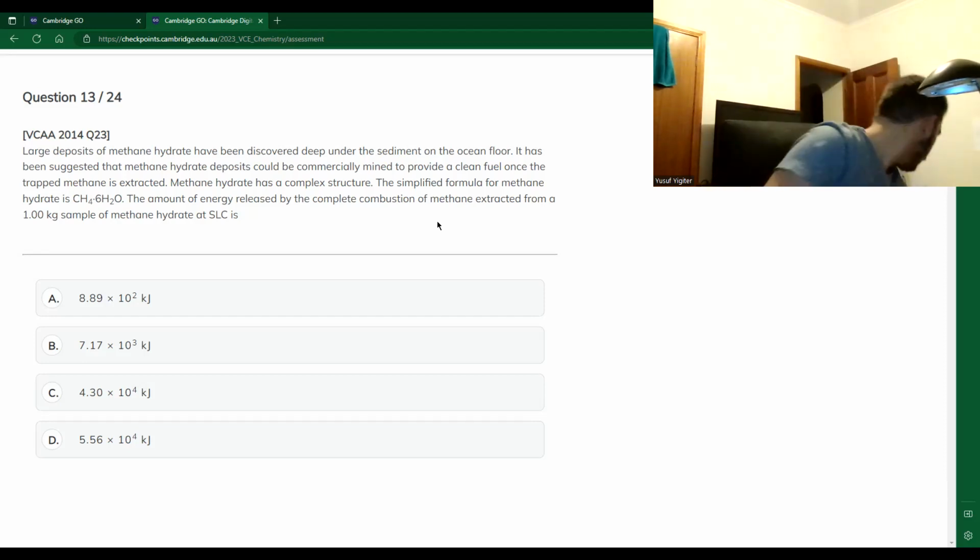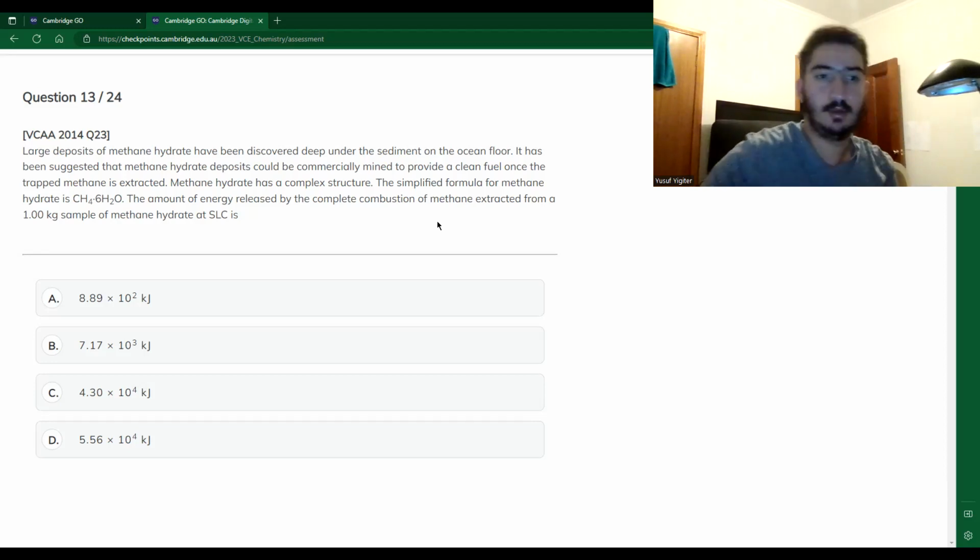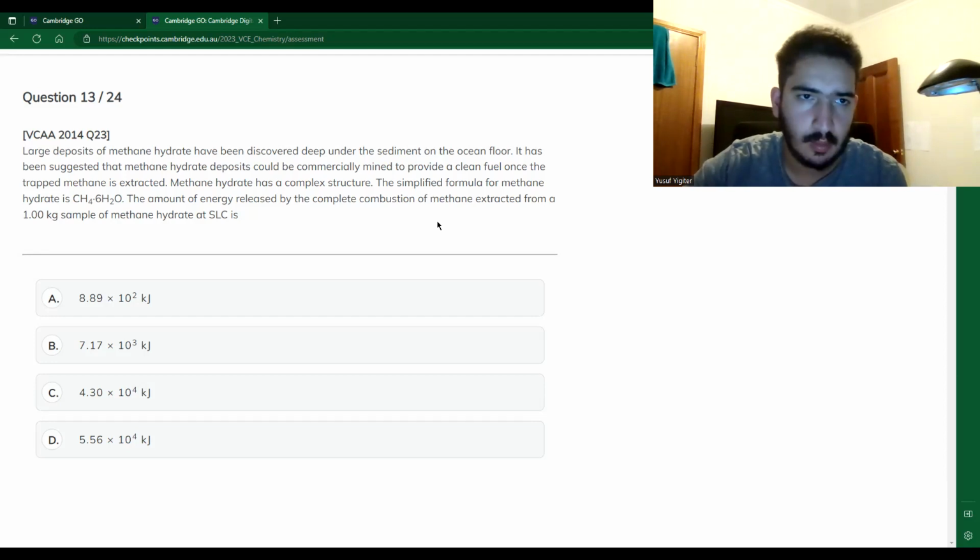Wait, wait. I can get the mole. I meant a mole of methane hydrate, but I need to multiply that with the heat of combustion. So is it... what do I do?